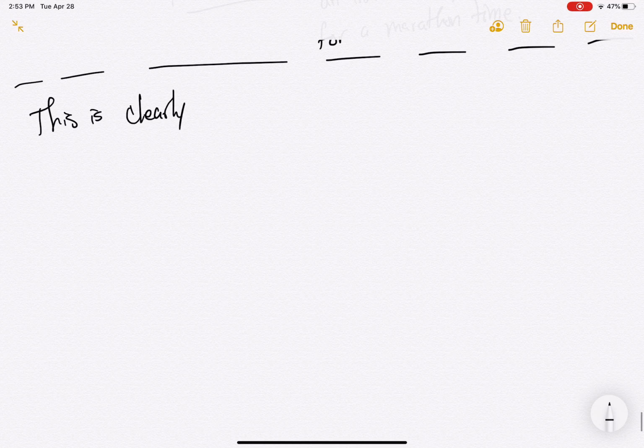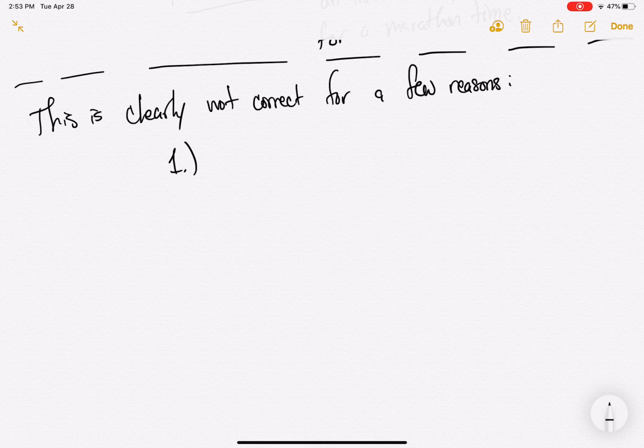This is clearly not correct for a few reasons. One, nothing can exceed the speed of light.